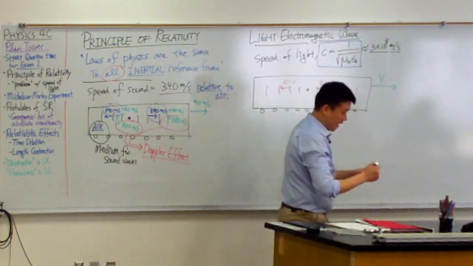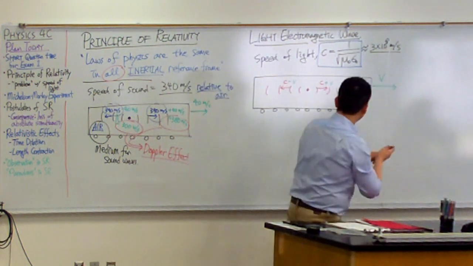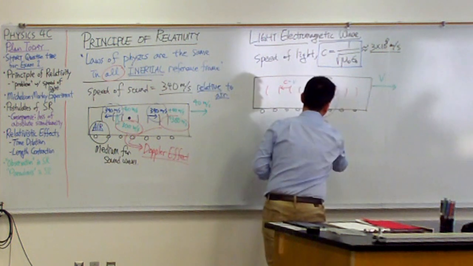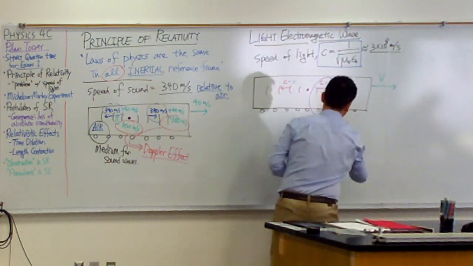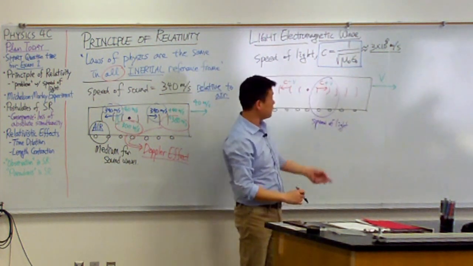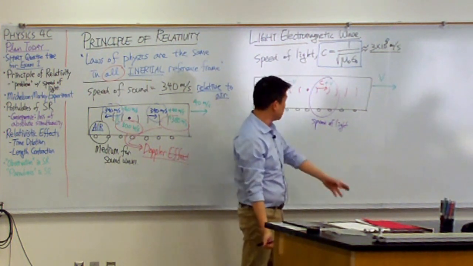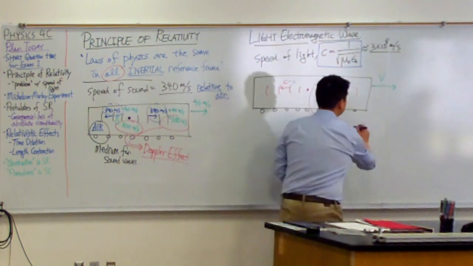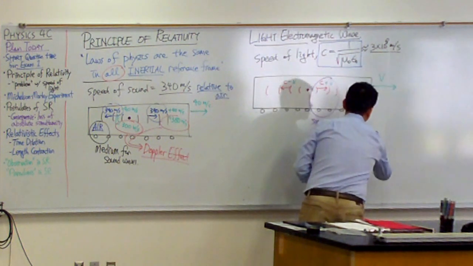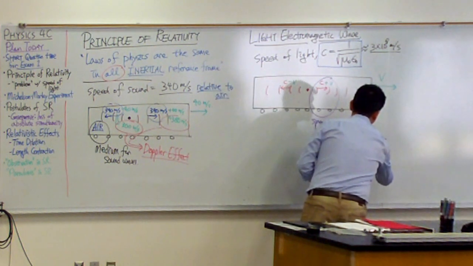So what you are claiming here is that this is the speed of light, right? c plus v is the speed of light, which means, according to the formula we derived using Maxwell's equations, it must be equal to 1 over square root of mu naught epsilon naught.